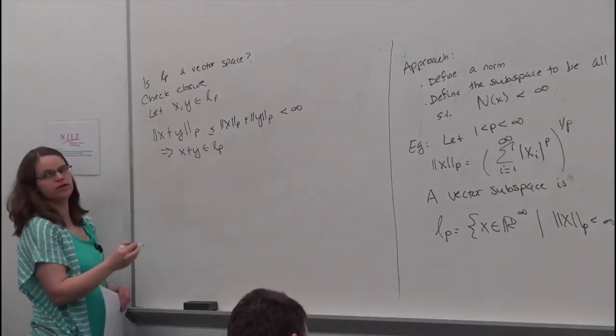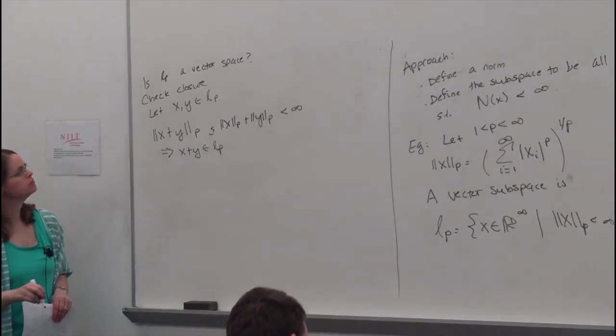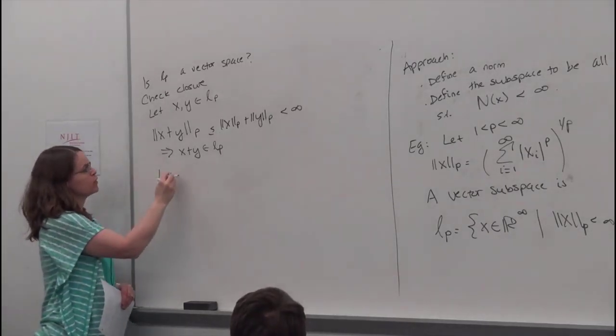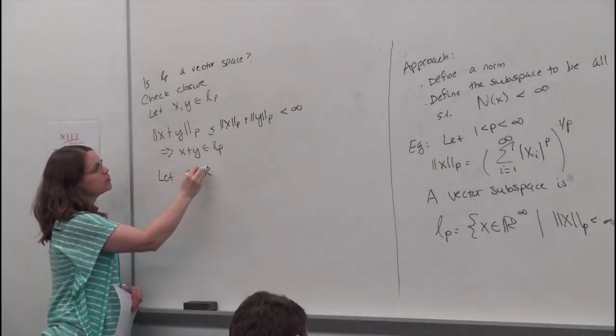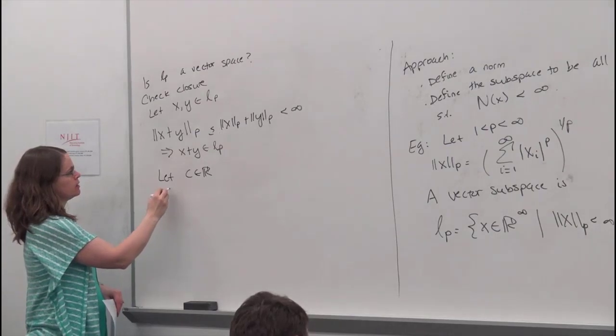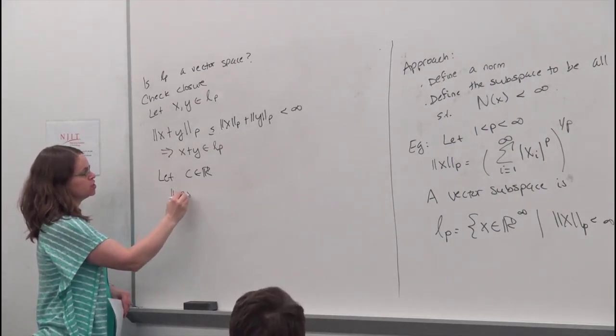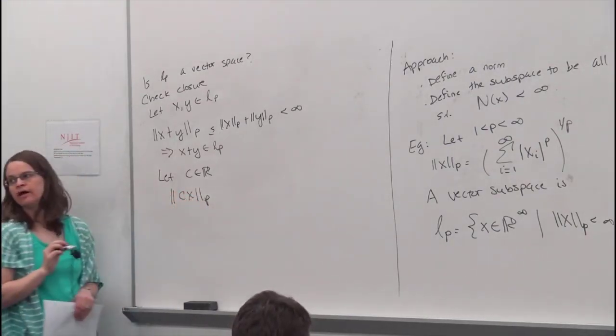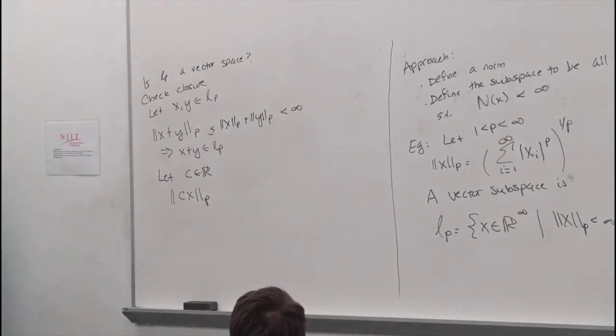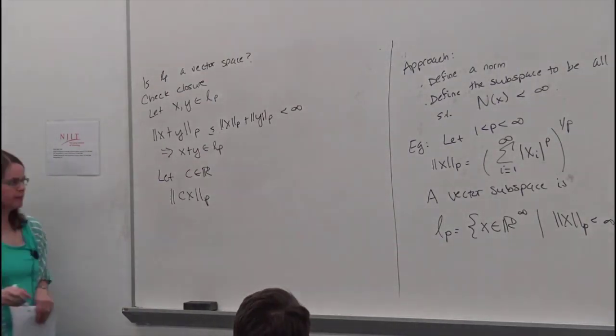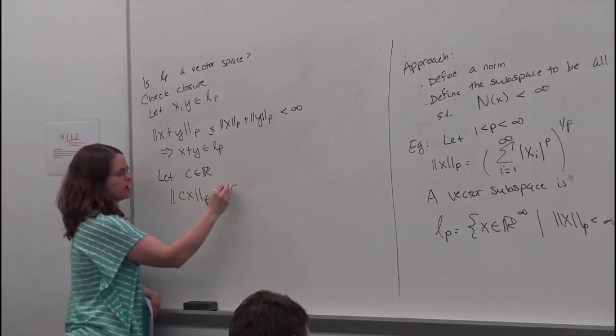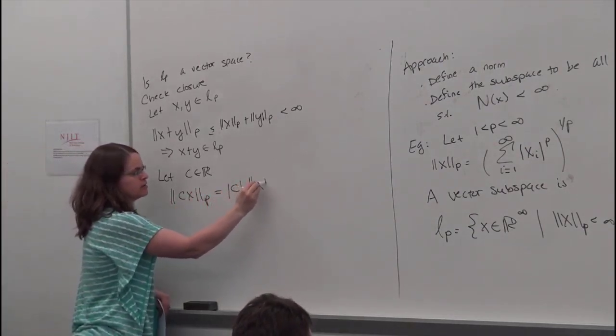Now I also need to check scalar multiplication. So if we also let c be a real number, what do we need to check? We need to check if this object has a finite norm. It's a property of the norm that I can just pull the constant out.